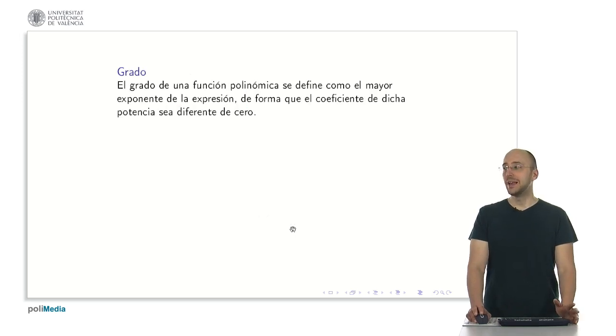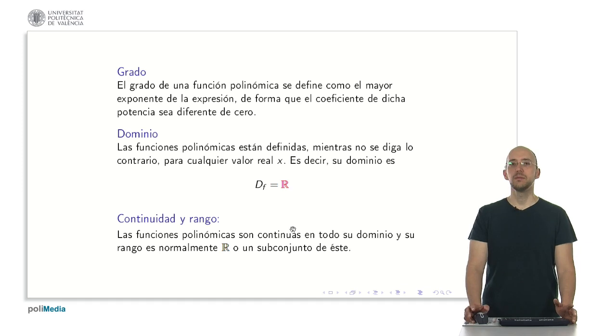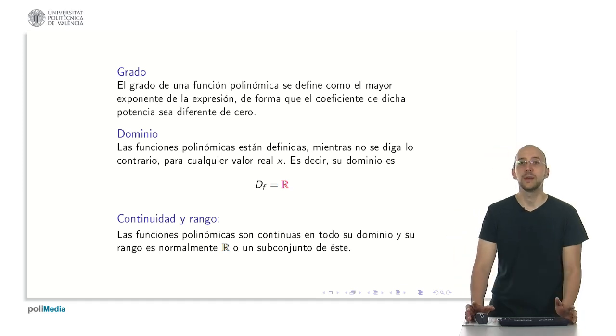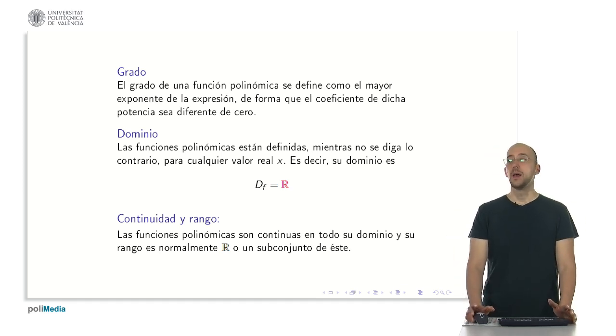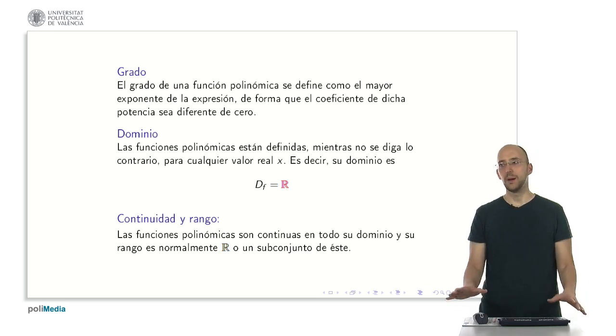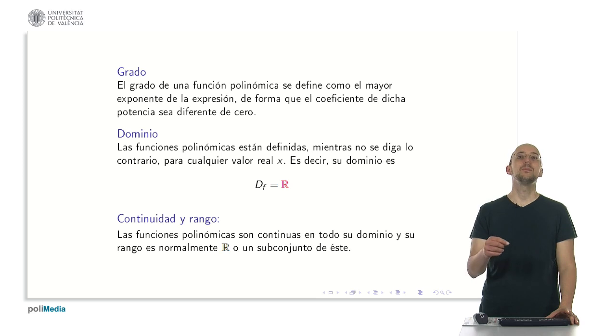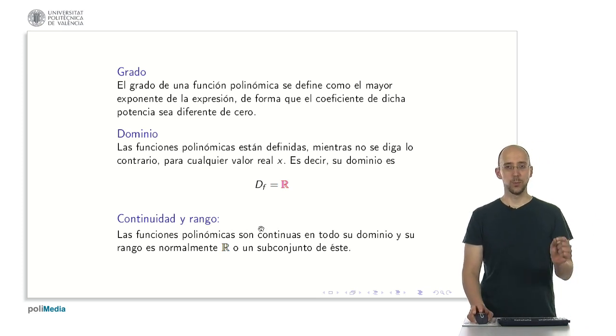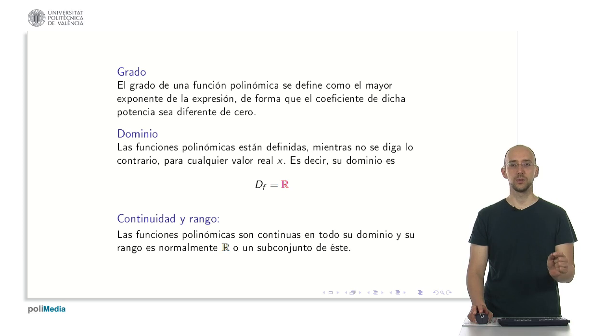And the fact that it is continuous, well, the explanation is quite long, and we would not have enough time in this video, but it is enough to say, in an easy way, that a continuous function could be represented without lifting the pencil off the paper. The important thing is that the polynomial functions are always continuous, and that you must remember.